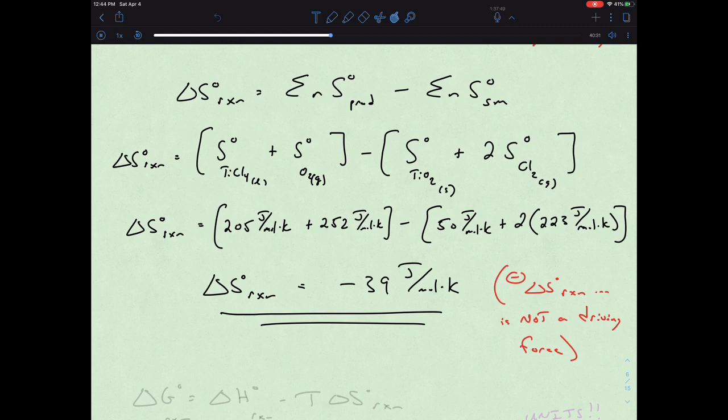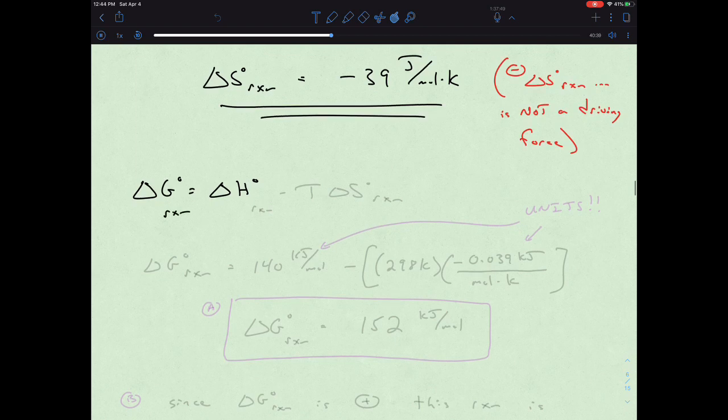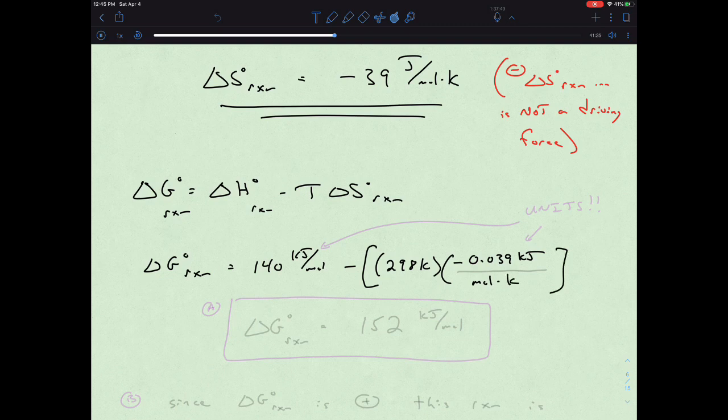So if we now plug everything in to solve for our delta G, or part A, our delta G of the reaction will be equal to our delta H of the reaction, which was 140 kilojoules per mole, minus our temperature, which is 298 Kelvin, times our entropy, which would be a negative 0.039 kilojoules per mole Kelvin.